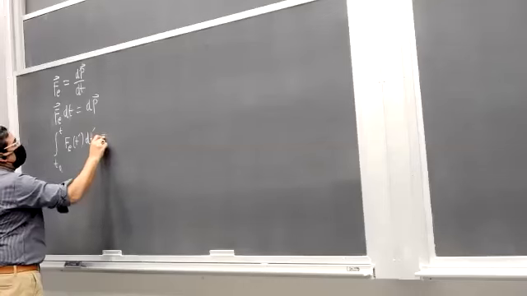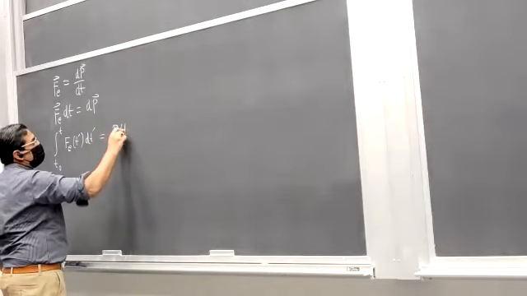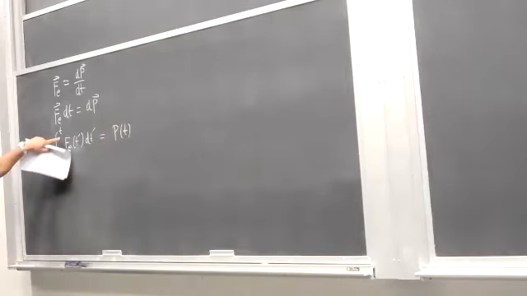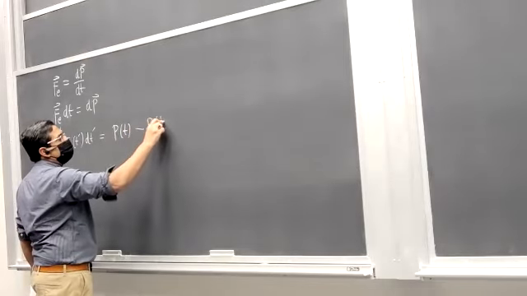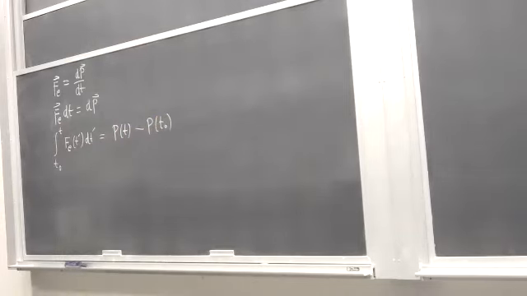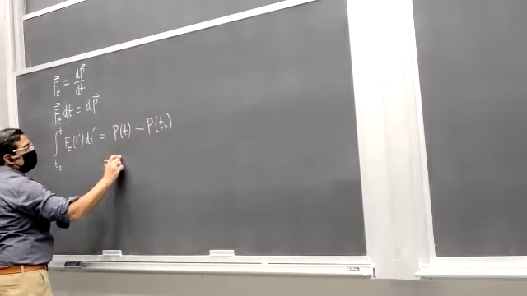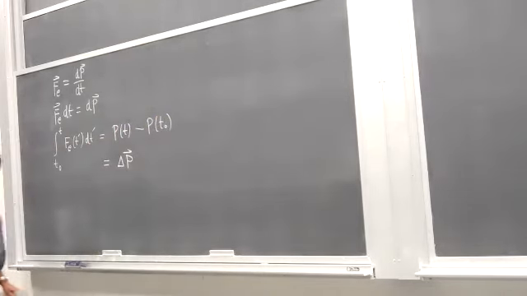Then we would get on the right side the final momentum, or the momentum at time t, minus the momentum at time t naught. And in short, this is equal to the change in momentum.